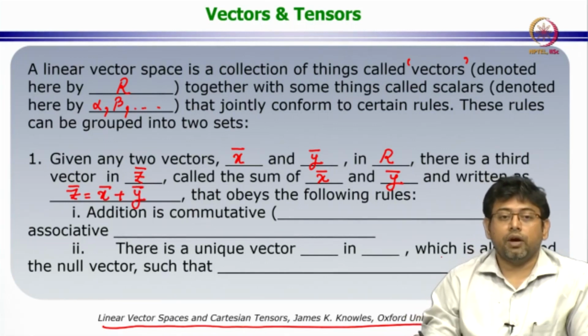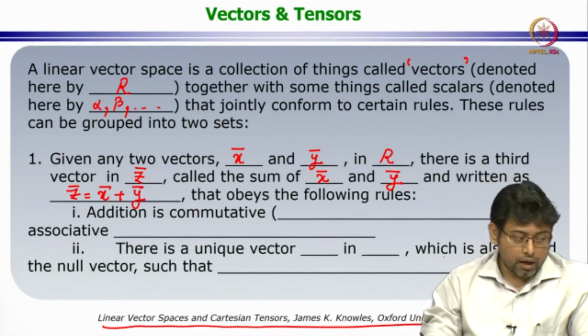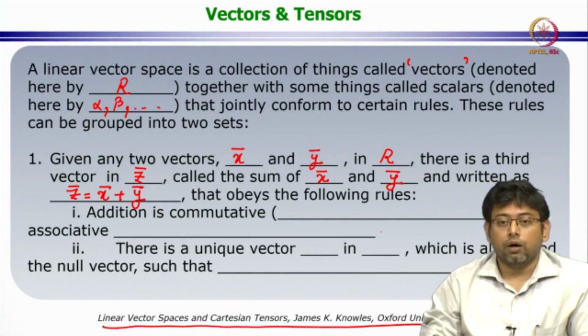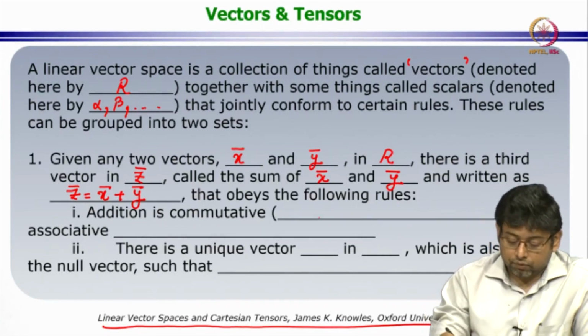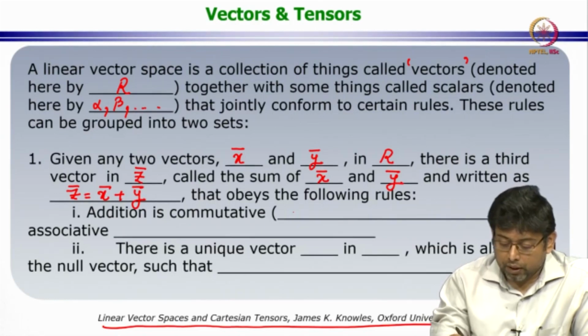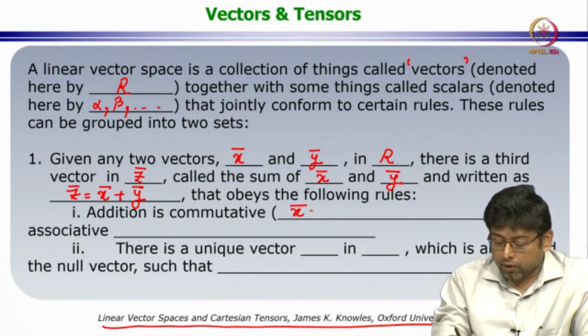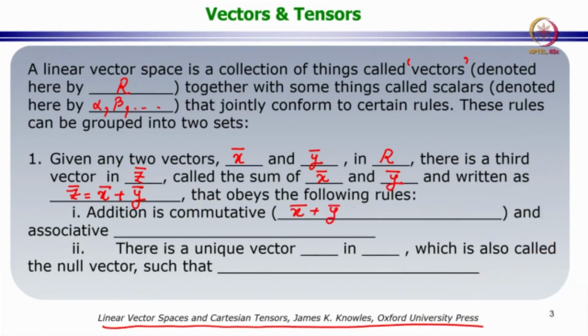So we are trying to define something called the sum, and here we are going to force it to obey certain rules. The first thing is that the addition is commutative. So if I do x plus y, that is the same as y plus x. And this addition is also associative.